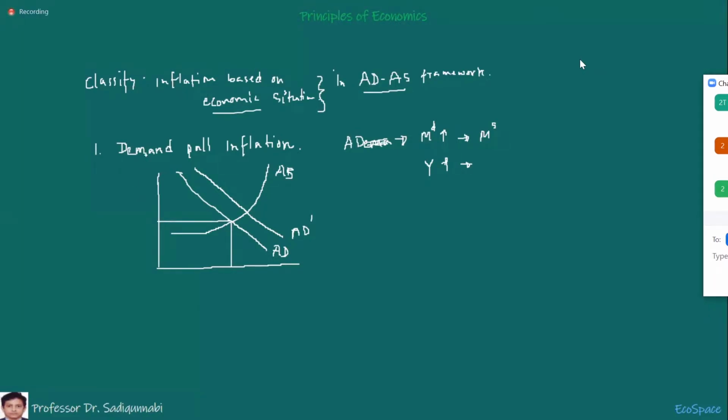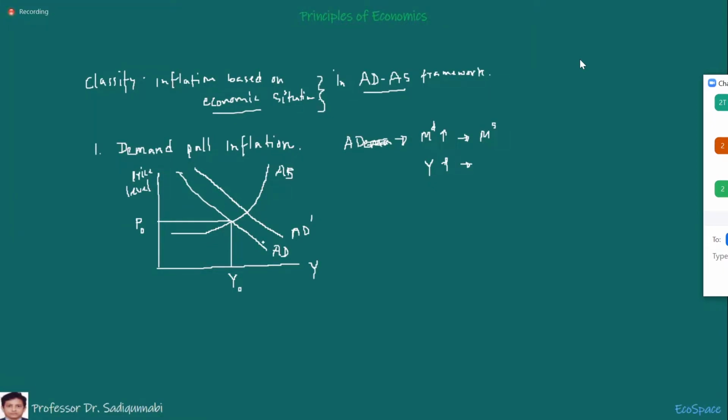By the way, we should make some legend for the x-axis and y-axis. This is for price level, capital P0, and this is Y0, and this is Y.